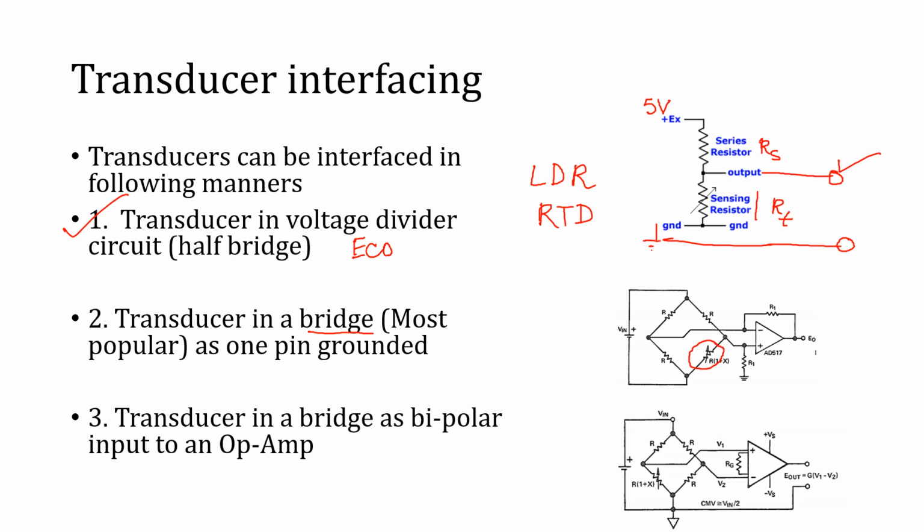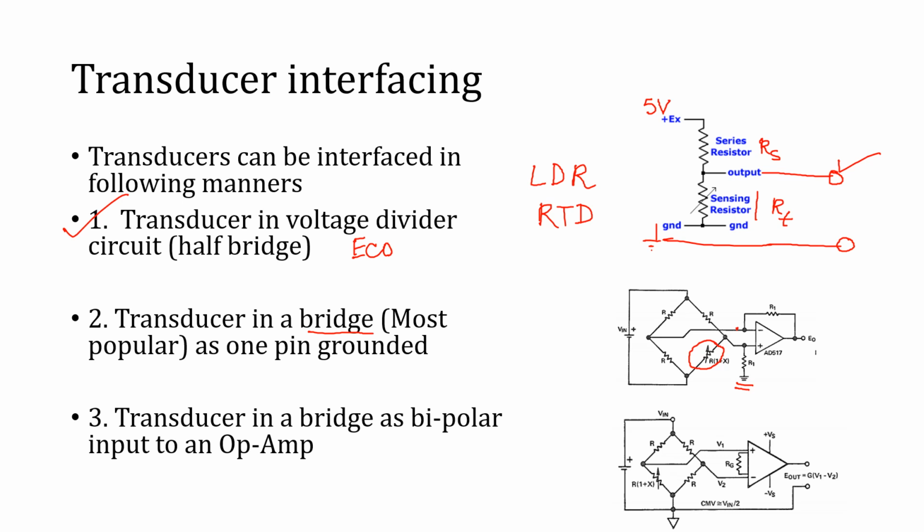Again, one side of the output is connected to the ground, and the other side from the bridge is directly fed to the operational amplifier. So it is a non-inverting amplifier configuration. Whatever signal we get from the bridge is amplified, and other advantages of the op-amp are used in this circuit.